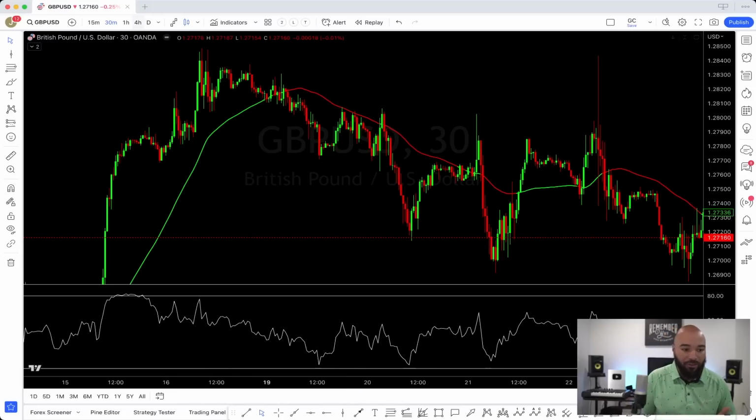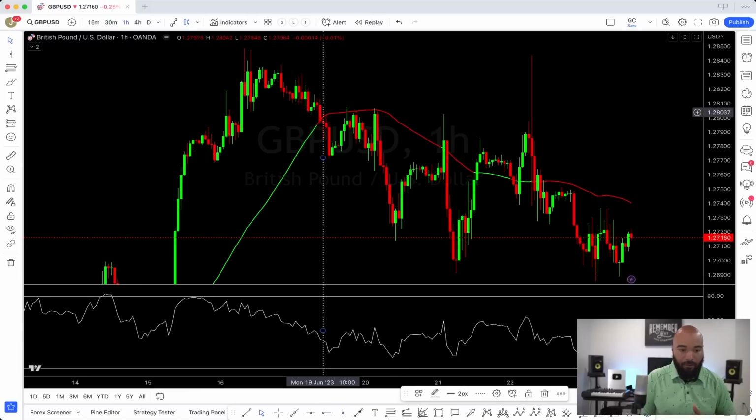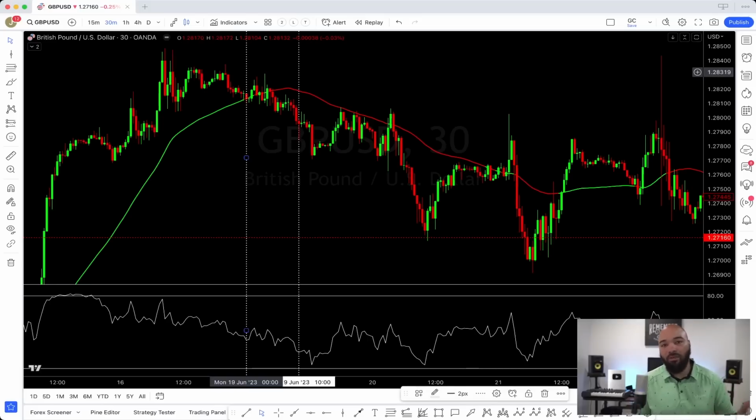All right, let's go to the hour chart. You see this right here? Price broke the 50, but price broke the 50 earlier on the 30. So I would say let it break on the hour chart.